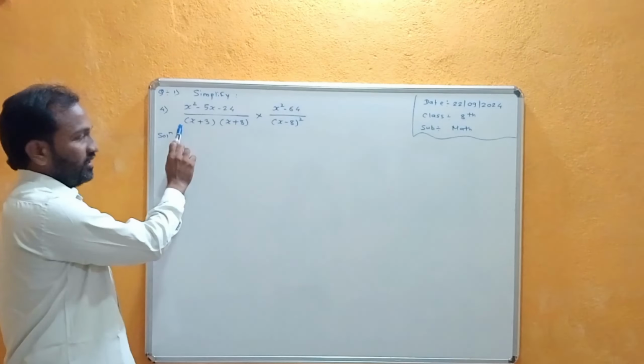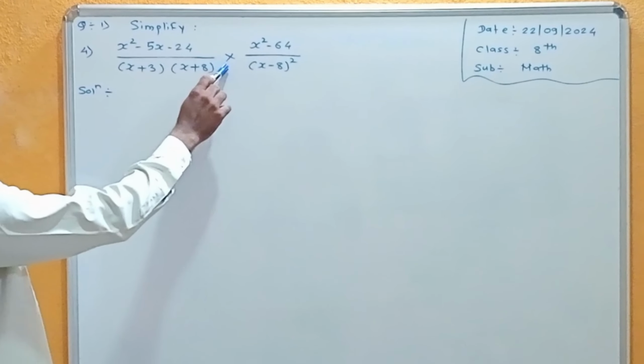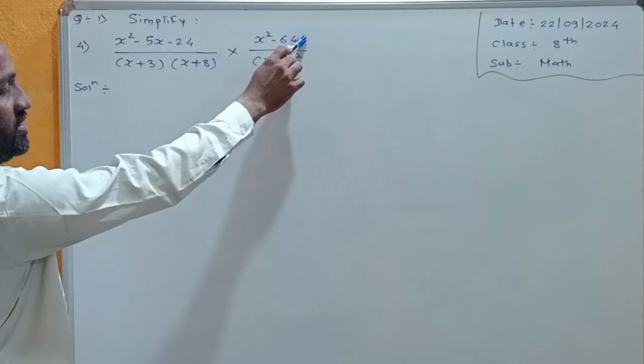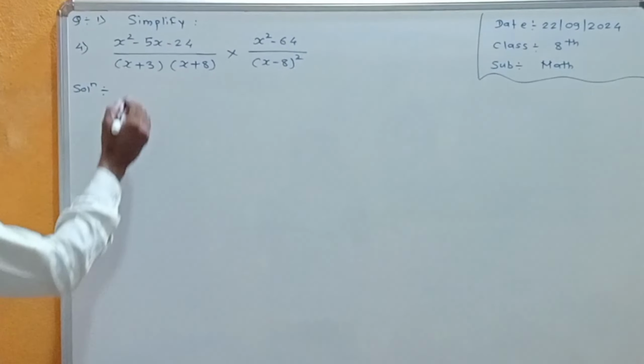(x + 3)(x + 8) × (x² − 64)/(x − 8)². Now the solution.